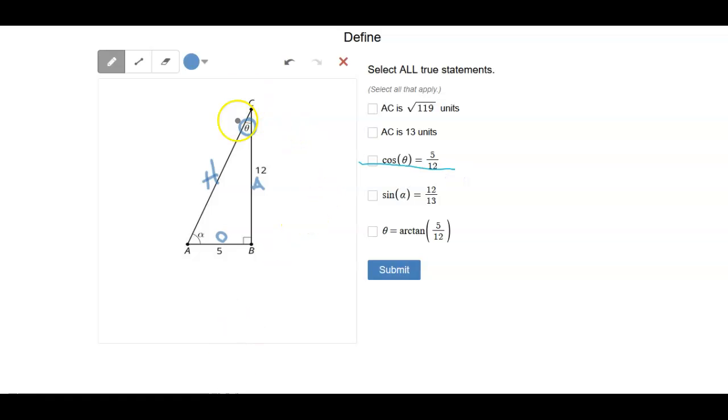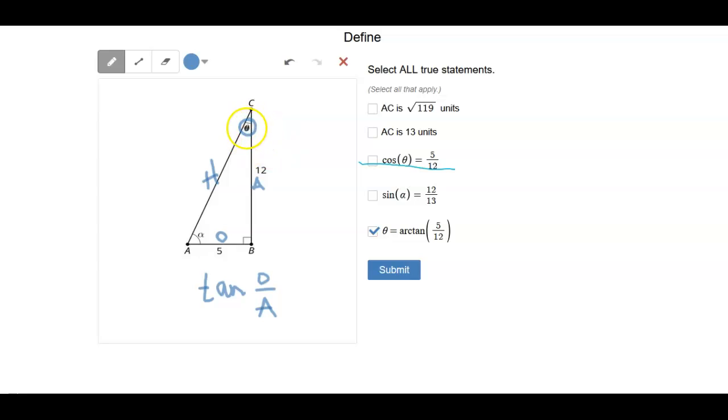We also know that if we are trying to find theta, then we can use those inverse functions. This is the same thing as tangent inverse, tan^-1. So if we do the arctan, or inverse of tangent, 5 over 12, that's opposite over adjacent, this one would be correct. Because remember, tangent is opposite over adjacent.